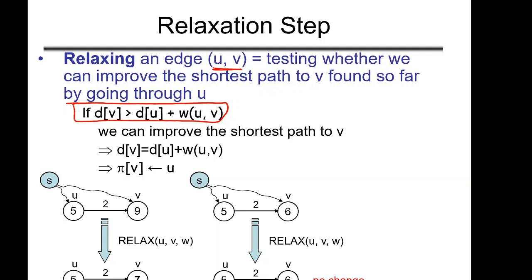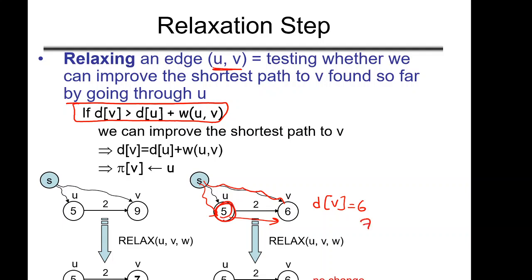In the second case, suppose a path exists such that if we follow it, we can reach v from s with weight 6. So d of v is 6. Now if we take this path and come to u and then from u to v, the weight of coming to u is 5, and then we add 2.